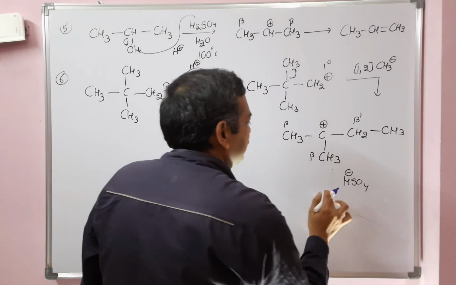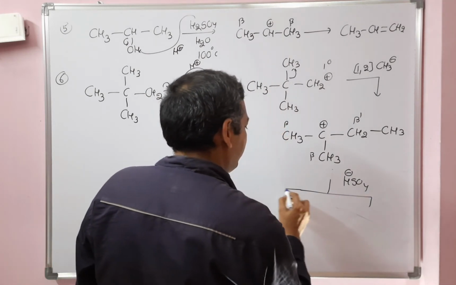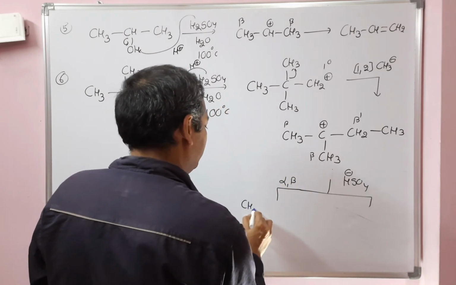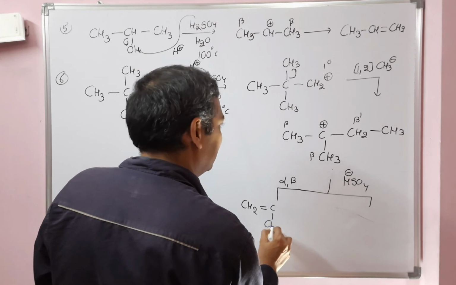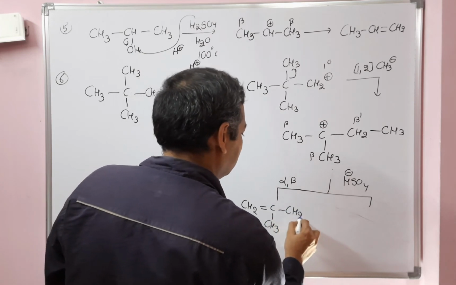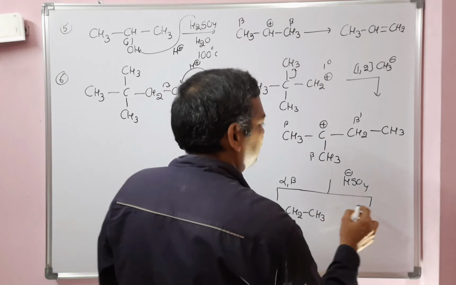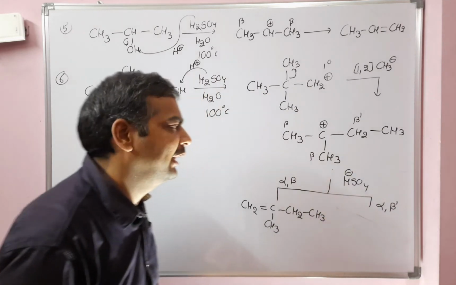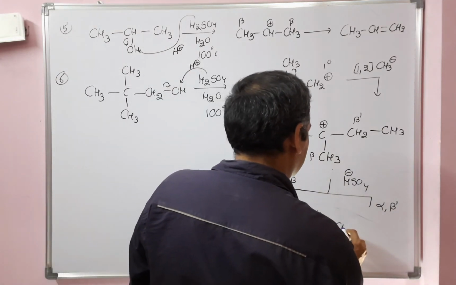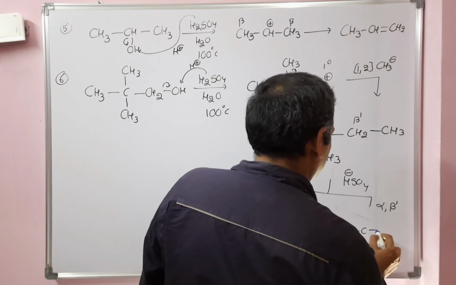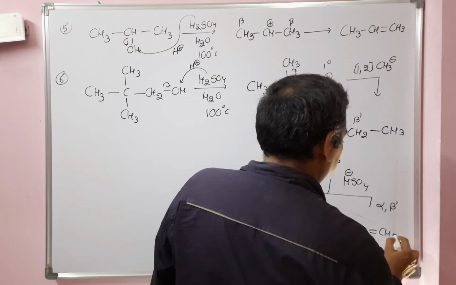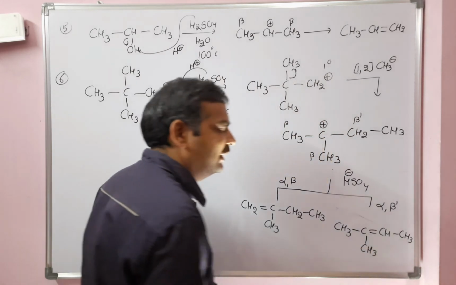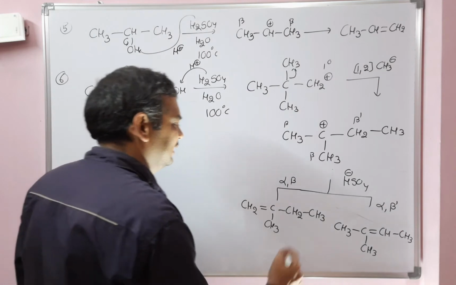Suppose it is at alpha comma beta, the product obtained is CH2 double bond C, CH3, CH2 and CH3, right. Suppose the dehydration takes place with elimination with respect to alpha and beta prime, then the product obtained is CH3, C double bond CH3, here it is a CH3. Whenever there is a possibility of cis and trans, trans is major, but it is not possible here.